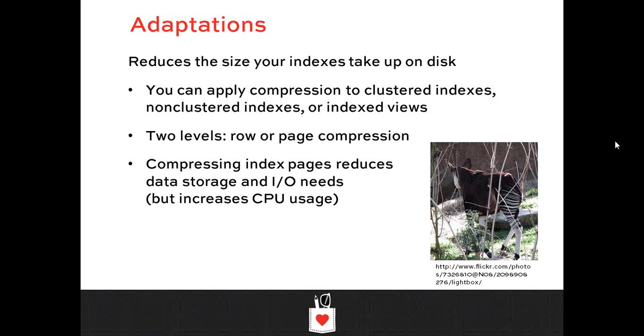Without going too much into the details of compression, that's a different subject entirely, you can have two levels, row or page compression. With some data types, row compression is best. With other data types, page compression is best. What happens is instead of a page being able to fit 100 rows on it, when it's compressed, you can now fit 800 rows on it or 1,000 rows on it.